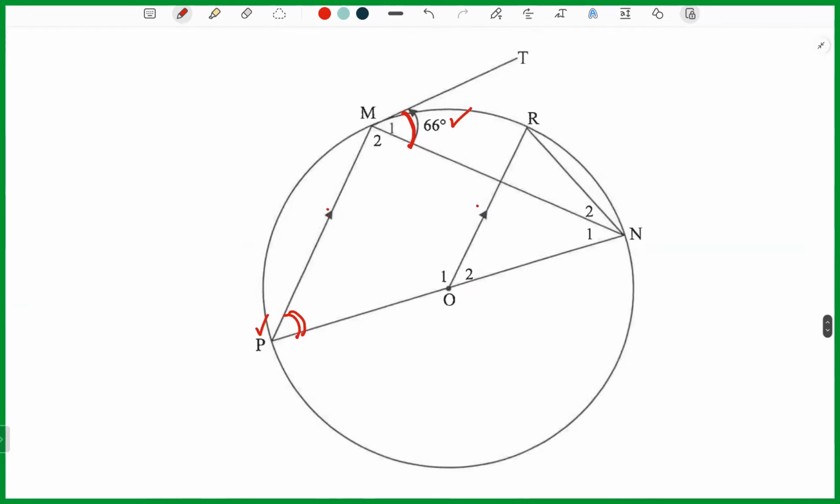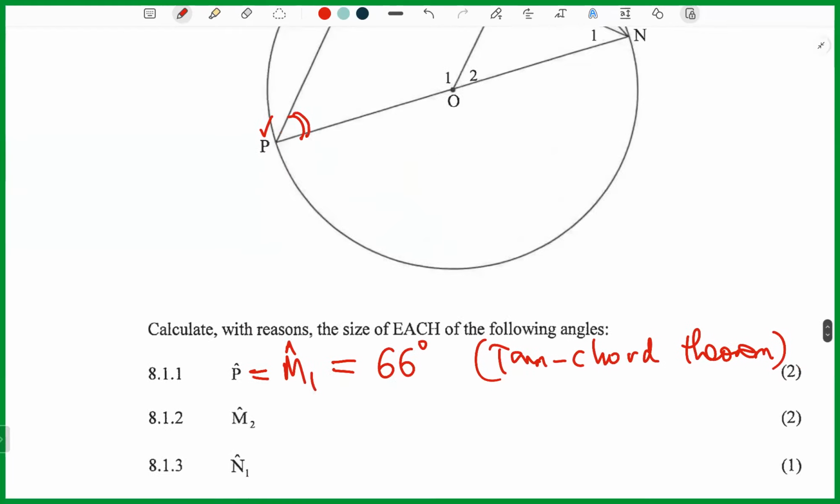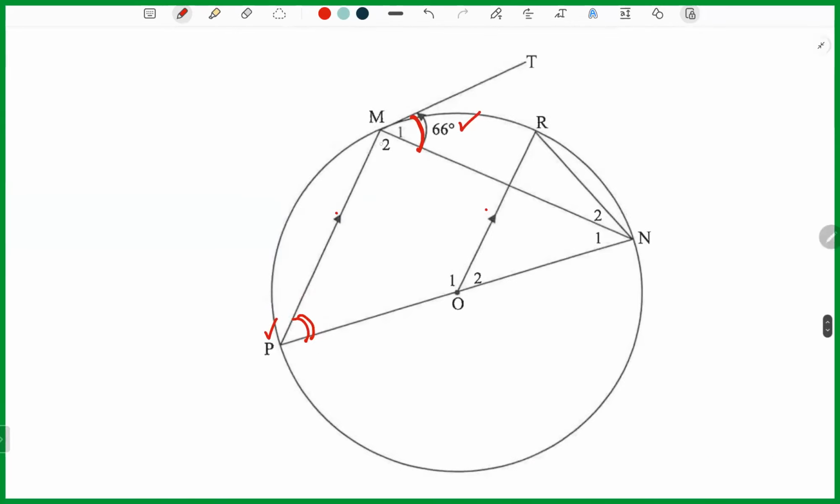At this point you realize that angle M2 needs to be determined. What is the value of angle M2? Angle M2 is subtended by a chord that passes through the center of the circle, called a diameter.